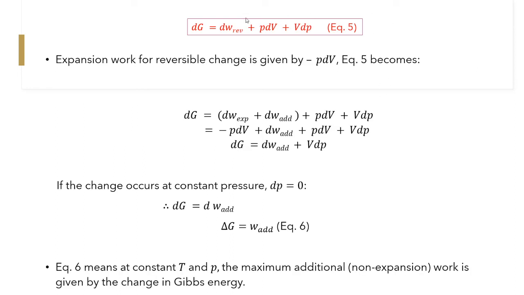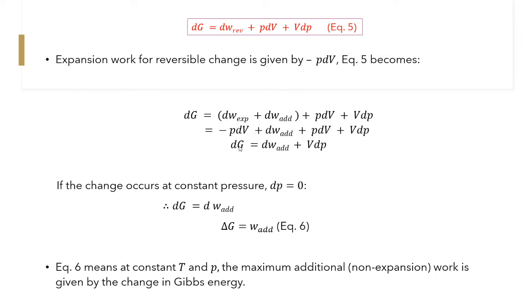So if you look back at equation 5, we can expand this equation by saying that this reversible work is the expansion plus additional plus PdV plus VdP. And because the expansion is minus PdV, this then cancels out.